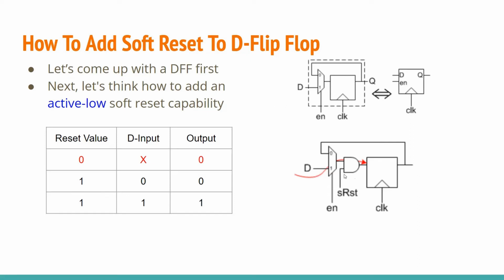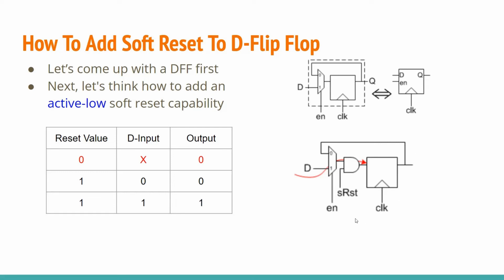So basically, you just insert an AND gate in between, and whenever the reset is active, meaning it's 0, irrespective of what D is, it will end up forcing a 0 into the flop, and on the next rising edge, the flop will latch a 0, thereby forcing the output Q of this D flip-flop to a 0, right?